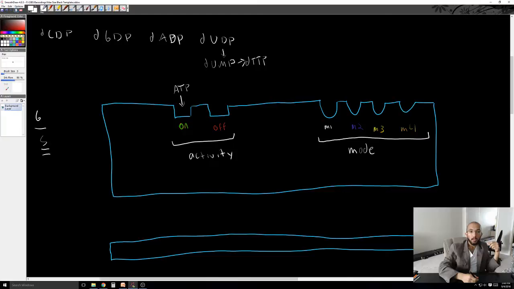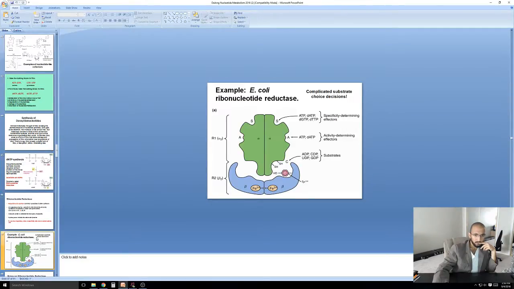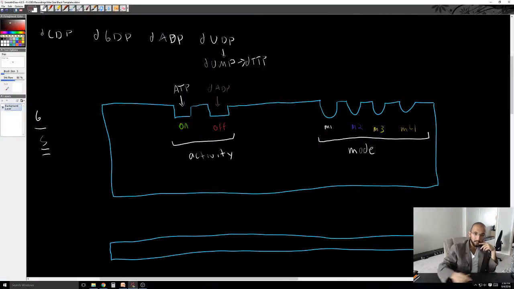Okay. And then there's the other part of this where you turn it off when we have dATP. Either dADP or is it ATP? Okay, it's dATP, sorry. So dATP.